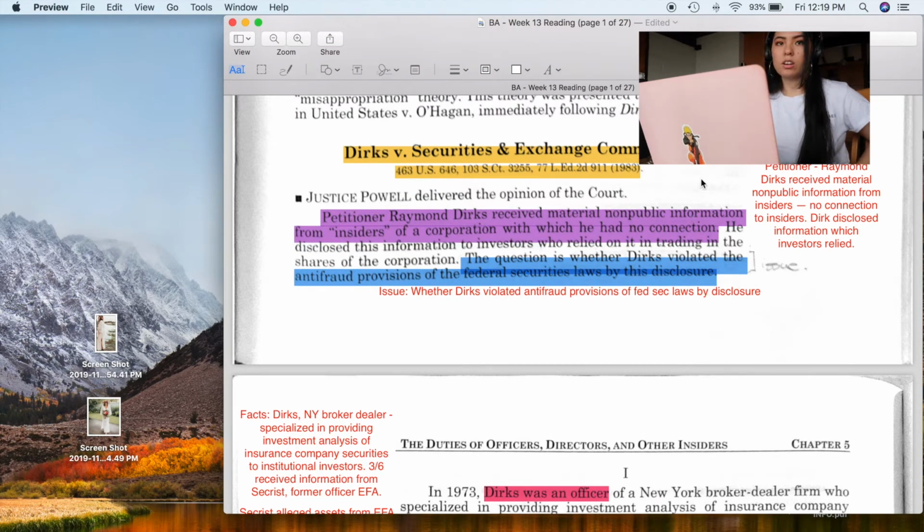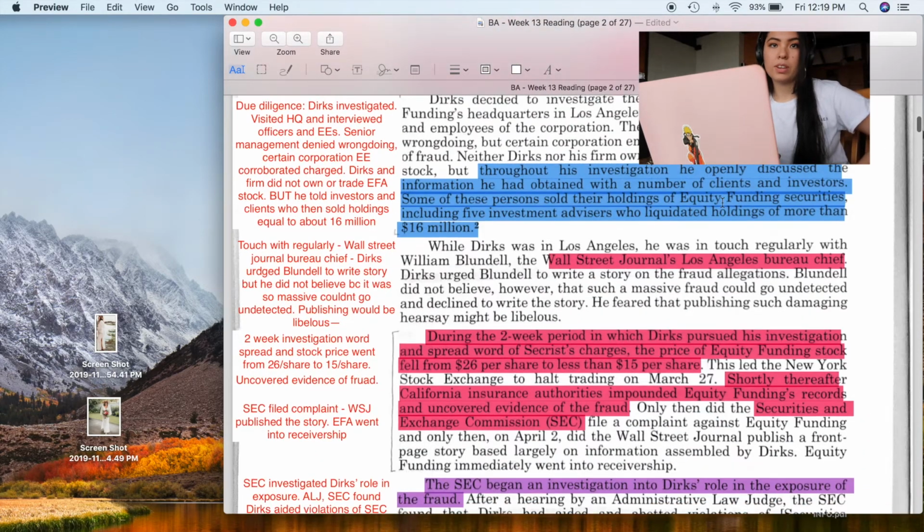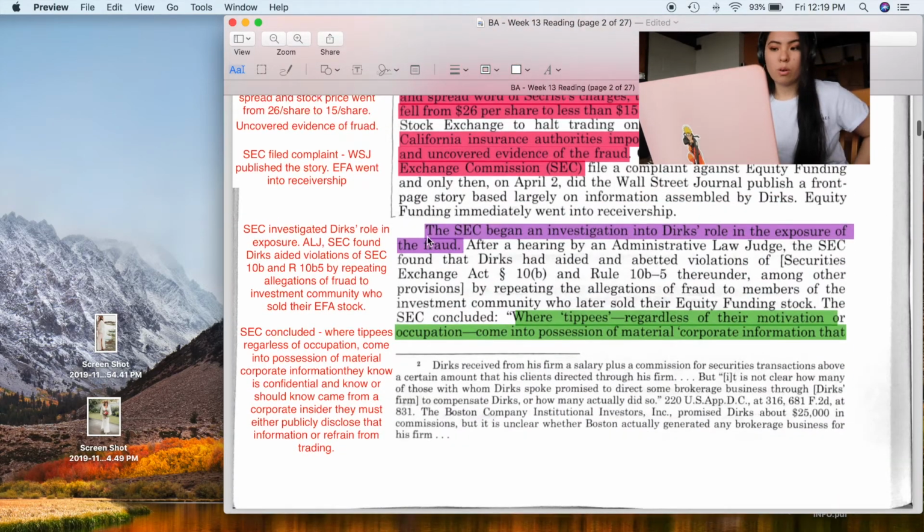I can look where it's purple and then read off what I have for the procedural history. Again, procedural history pops up, so if he asks me what the procedural history is, I go to the first page and look for another purple. This is something else that's procedural history, which is what the administrative law judge found in the lower courts.